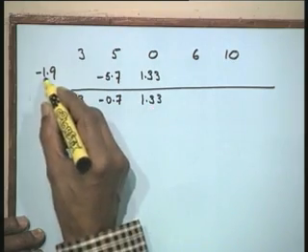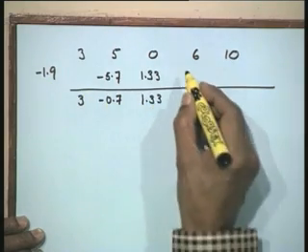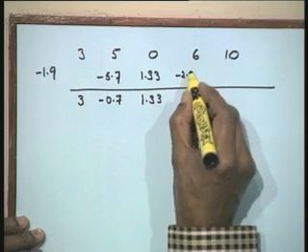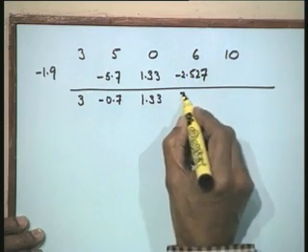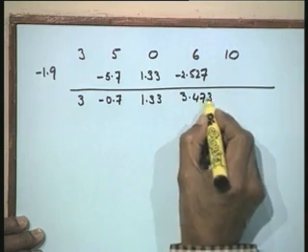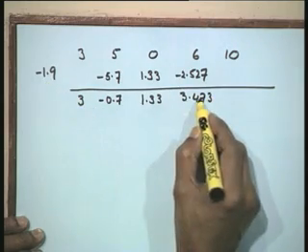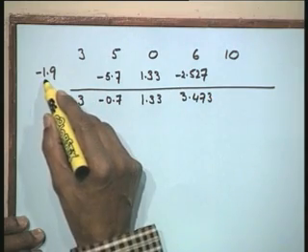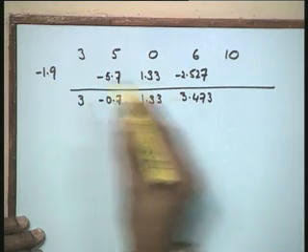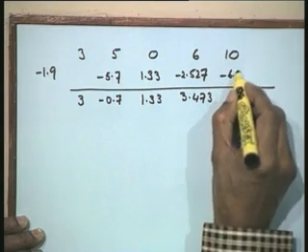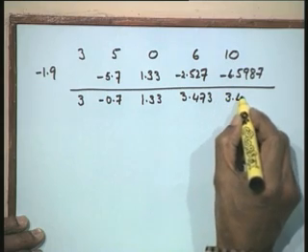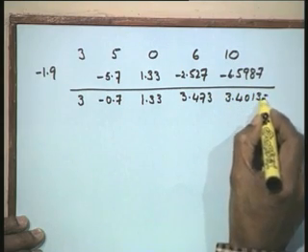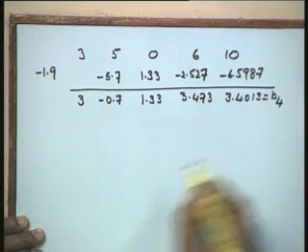Multiply minus 1.9 and 1.33, I would get minus 2.527. Subtract it, I will get 3.473. Then again multiply 3.473 by minus 1.9, that gives you minus 6.5987. So this value is 3.4013, which is the value of b4.